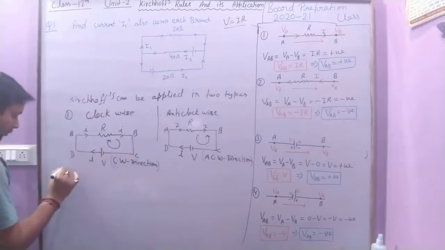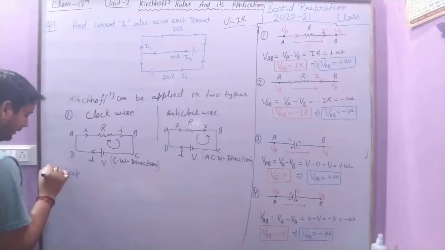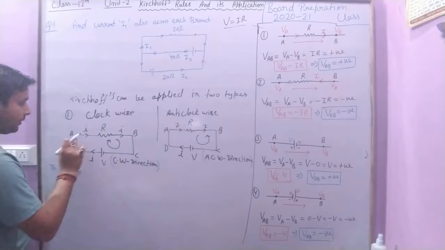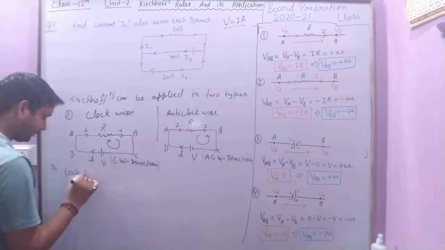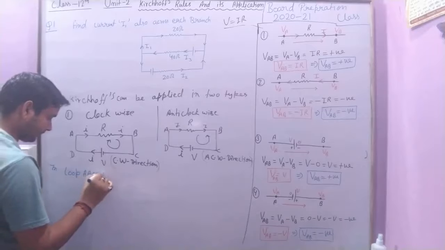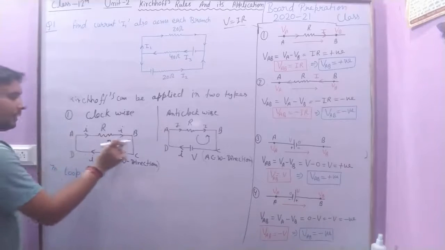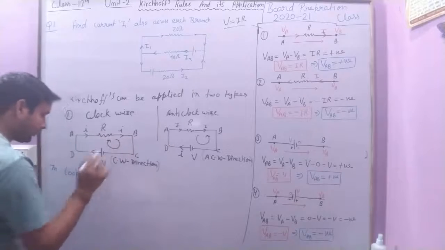So, loop taken in clockwise, in loop A, B, C, D, A. Then when we are moving from A to B, we get a resistance R, so it will be in the direction of current.